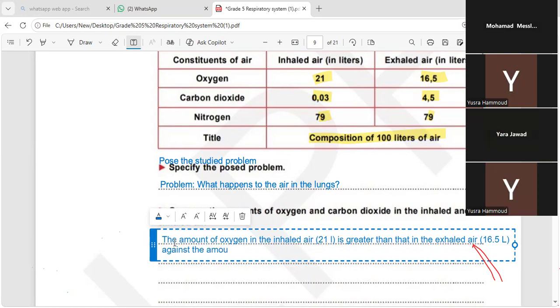Teacher, I can. The amount of oxygen in the inhaled air 21 is greater than that in the exhaled air, 16.5 liters. You shouldn't forget to say liter, the unit.